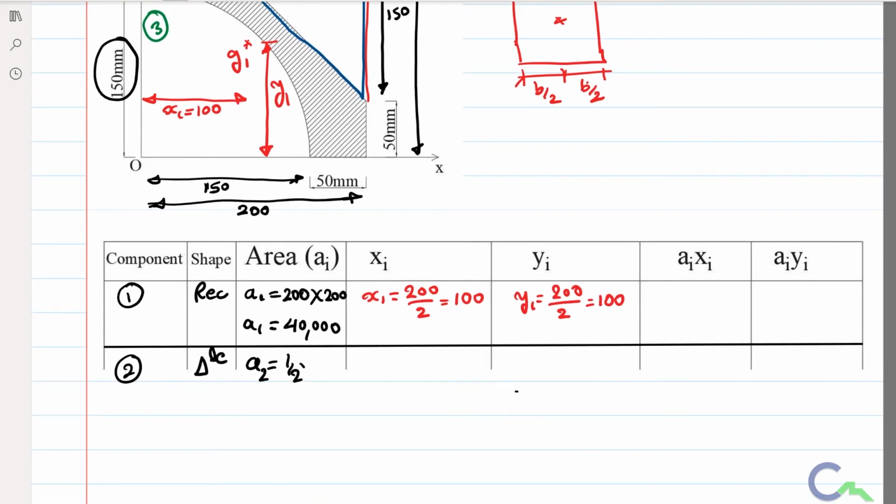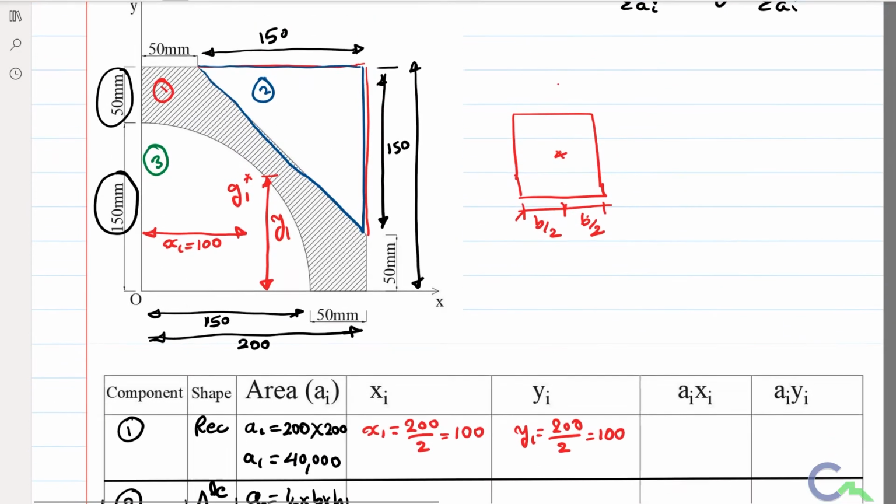Therefore A2 is equal to half into 150 into 150. If I do the calculation, I am going to get A2 equal to 11,250 mm square.